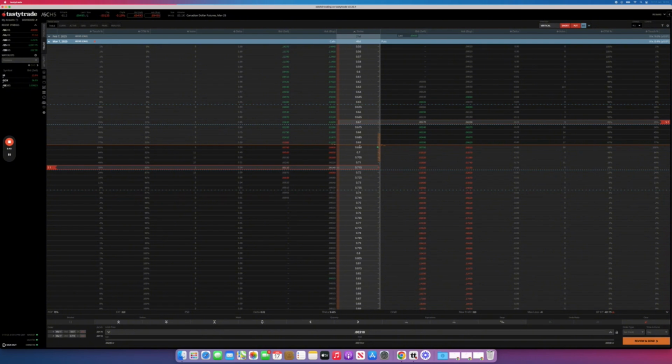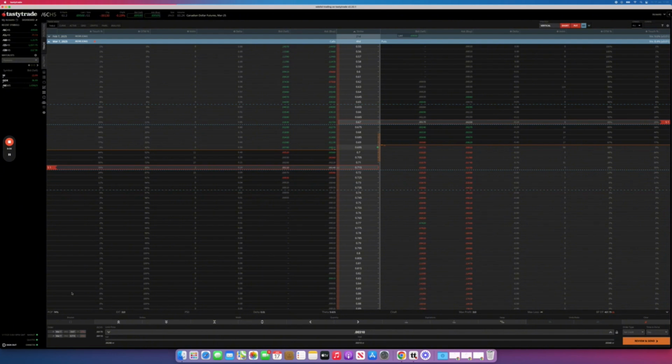And if price does stay within this range, then we keep 100% of the premium that we collect up front. That's specifically if price is within this range at the point of expiration, which will be in 49 days' time. Okay, now what's the likelihood of that happening? Well, if we look in the bottom left corner, we have a POP figure here, a POP of 74%, and POP is probability of profit.